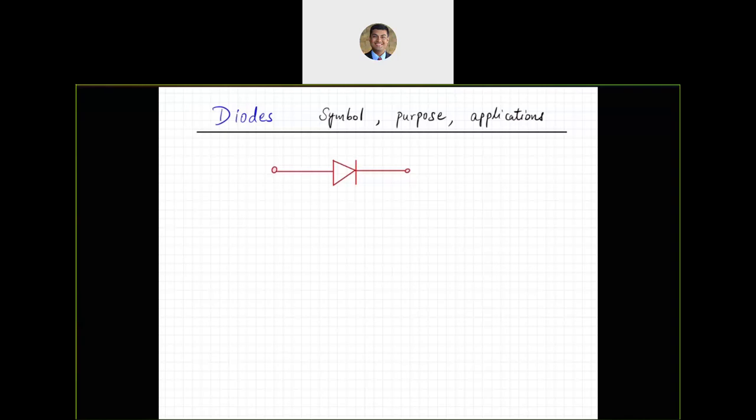And the triangle end is the anode or the positive terminal, and the line is the cathode or the negative terminal.